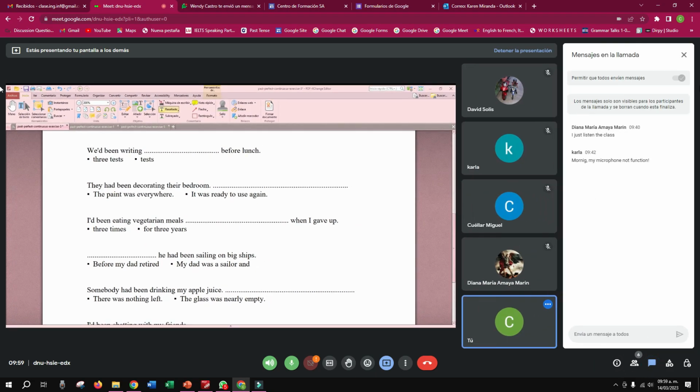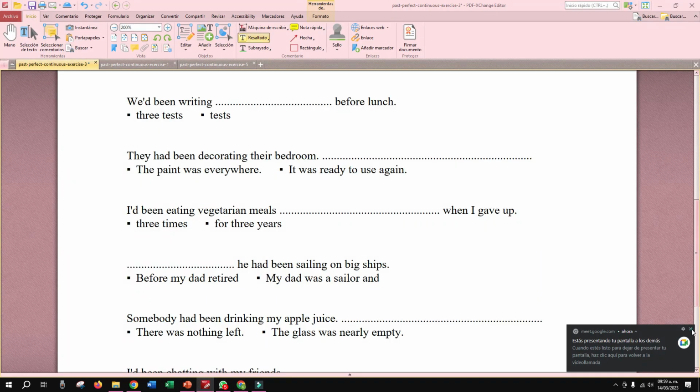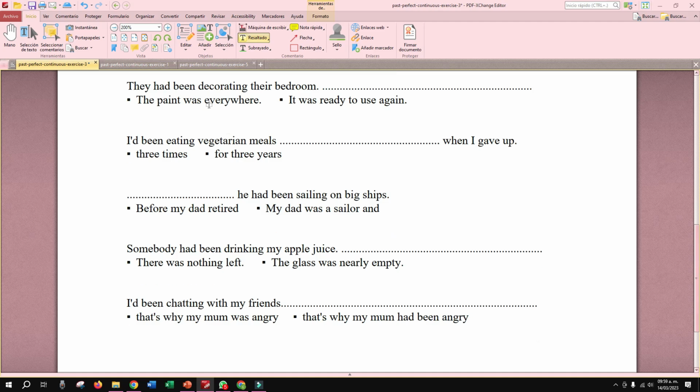Three tests? It could be right, but we can say it in a general idea, so we can say tests, right? We have been writing tests before lunch. We can say it in general, not in a specific amount. So tests. Excellent.